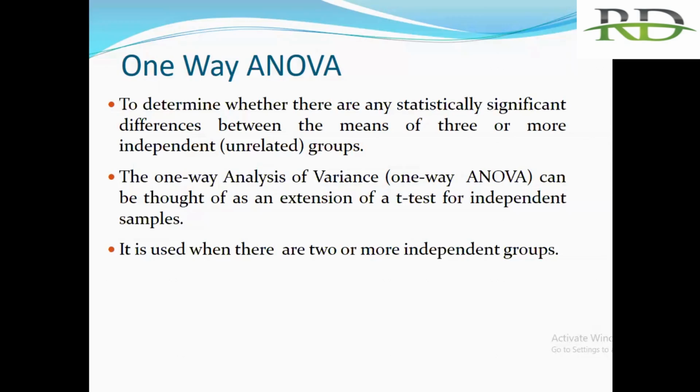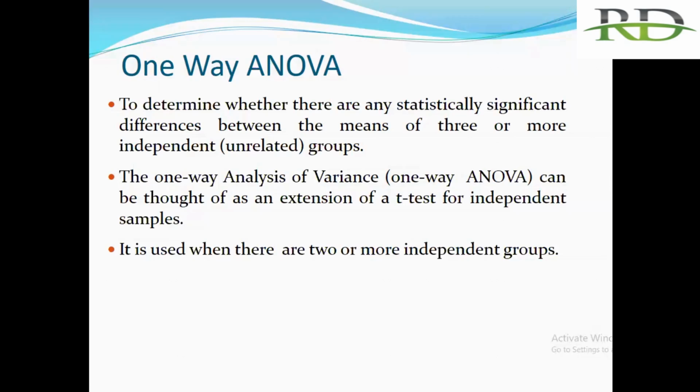Now what happens is, when we do this testing, the concept behind it is that we try to find out whether there is any difference in the mean or not.